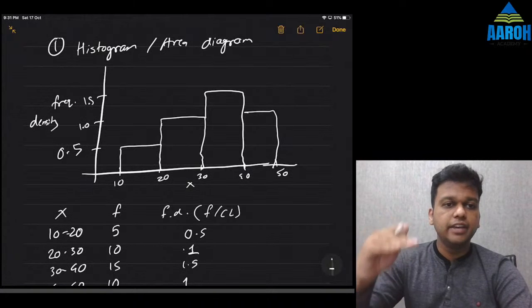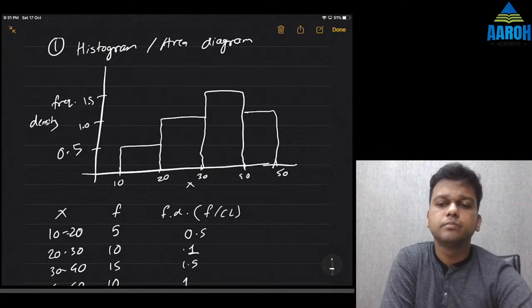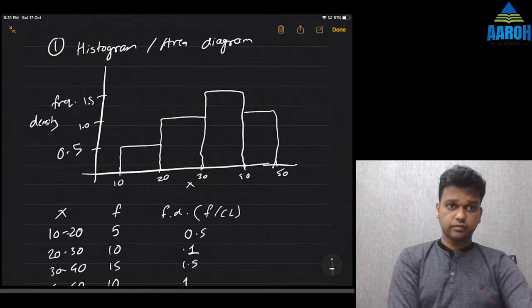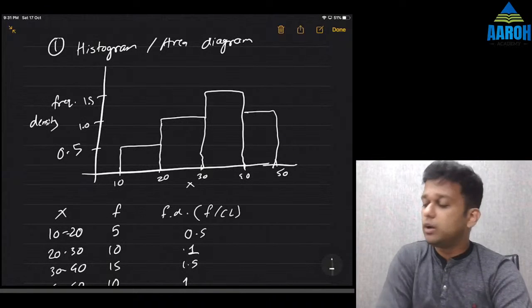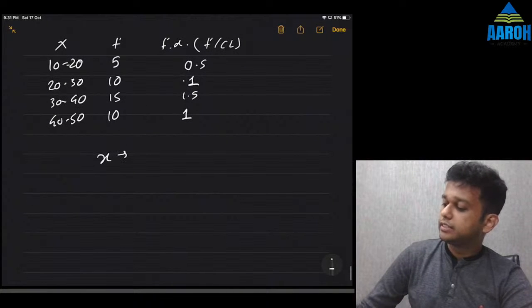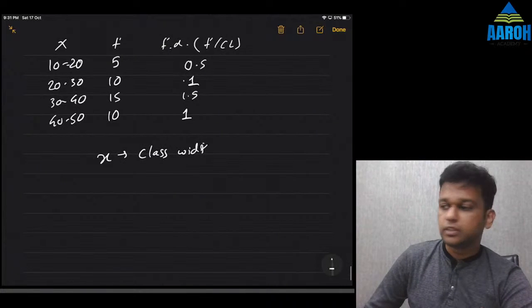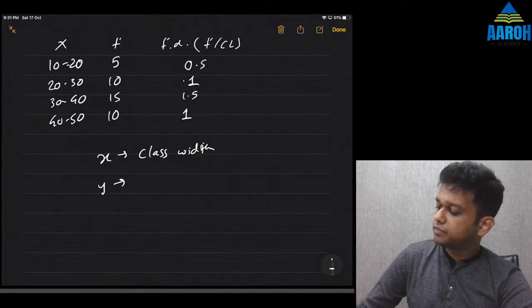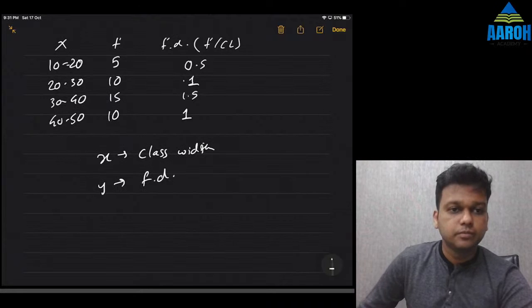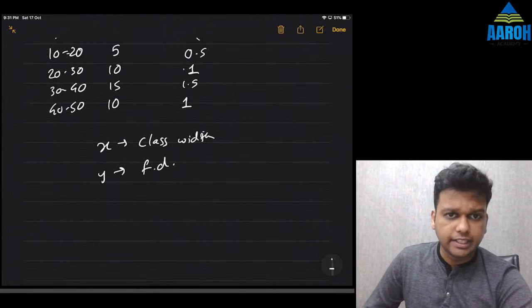The shape is going to be the same. However, now the x-axis shows classes or class widths, and the y-axis shows frequency density.